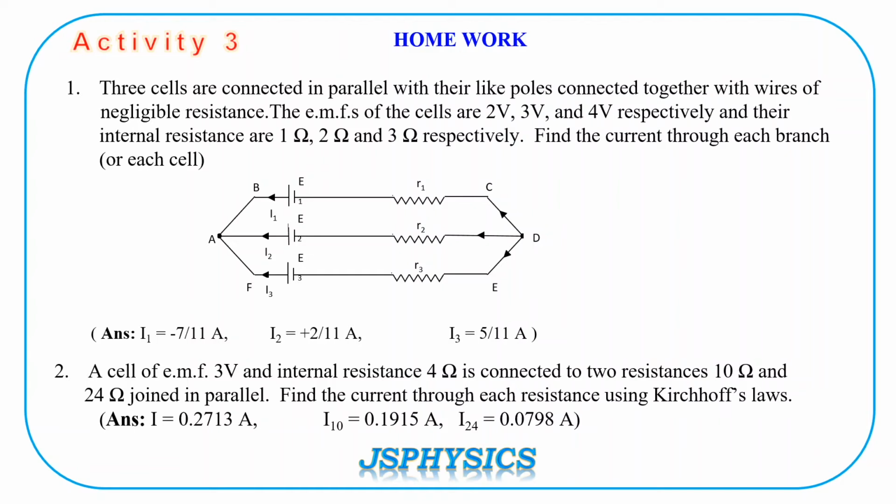Generally we take the current traveling from the positive of the battery to the negative of the battery or cell, and then proceed with a similar method as in the previous example to get the values of the current as given in the answer. So practice similar types of sums, because practice only will make you perfect, right?